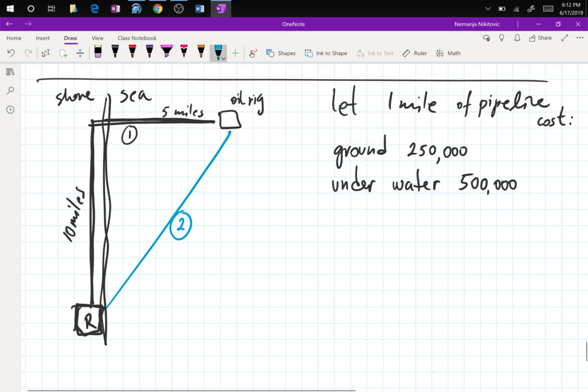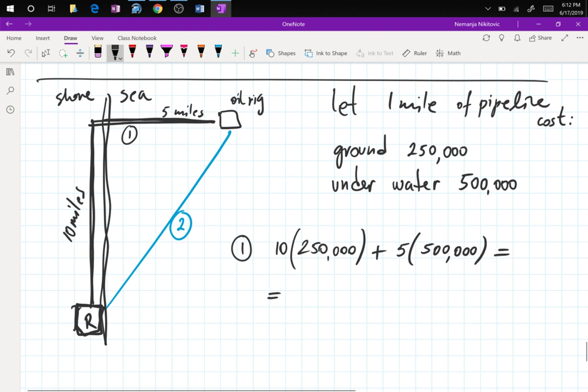Do we need calculus? No, we don't need calculus. Just multiply by the cost. You have the lengths, you have the cost, just multiply the stuff out and you're done. So let's take a look at the black pipeline. I have 10 miles at the cost of 250,000 plus 5 miles at the cost of $500,000, which will give me 2.5 mil plus another 2.5 mil is $5 million.